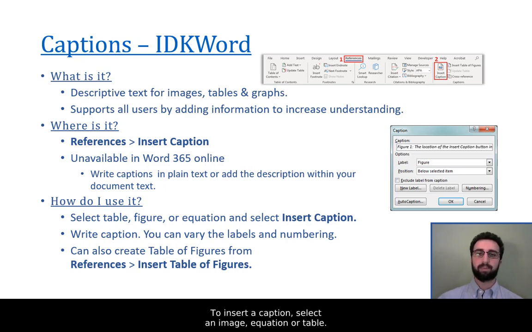To insert a caption, select an image, equation, or table, navigate to the References tab, and select Insert Caption. Write a brief caption in the window that appears, and change the labeling and numbering as you wish. Word 365 Online does not support this feature, but you can write captions as plain text or discuss the figure within your text.